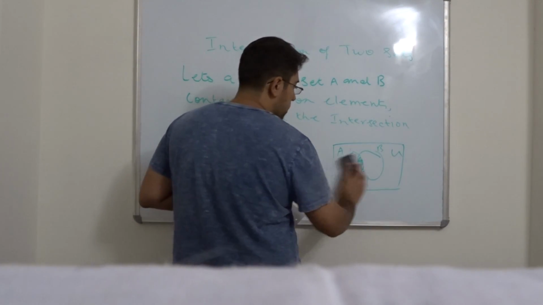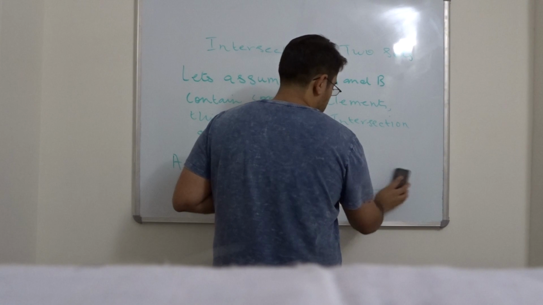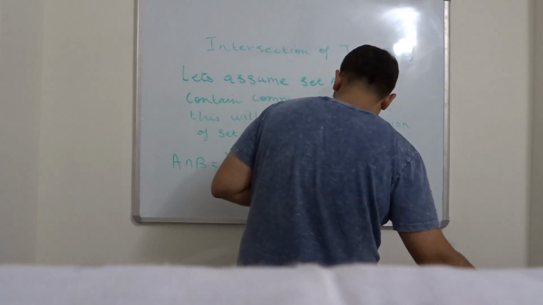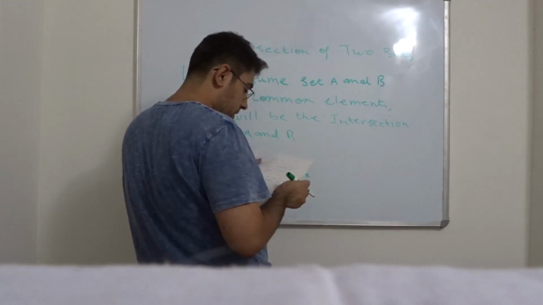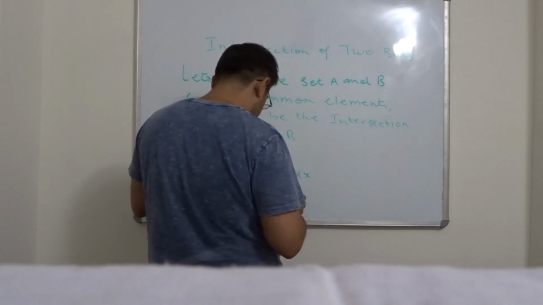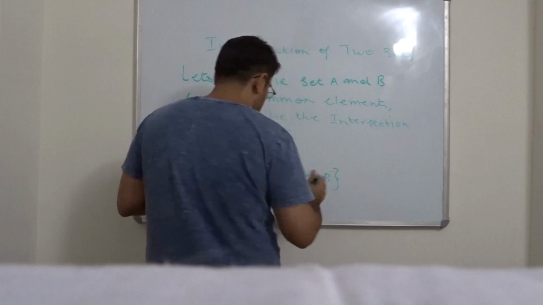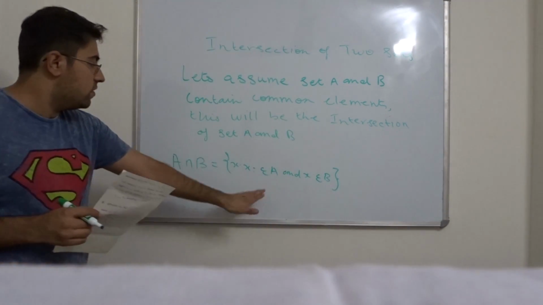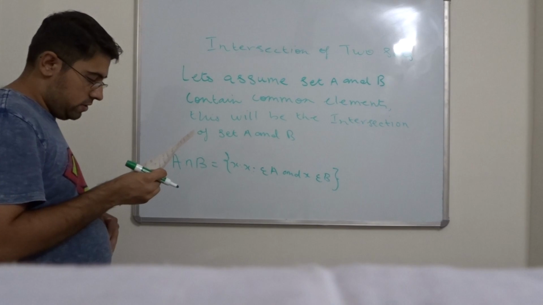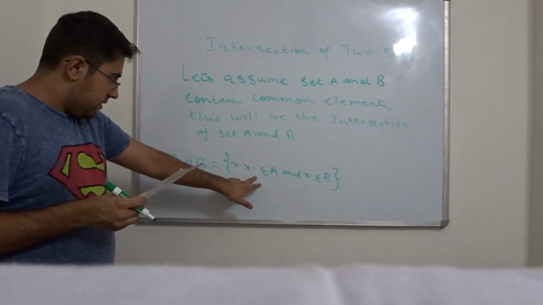I hope you understood this now. This is what an intersection is, where x is an element of A.